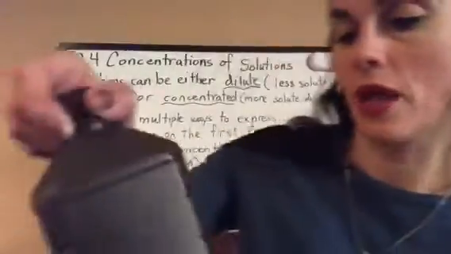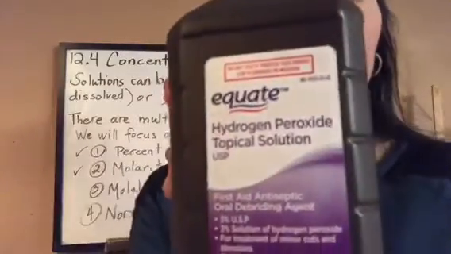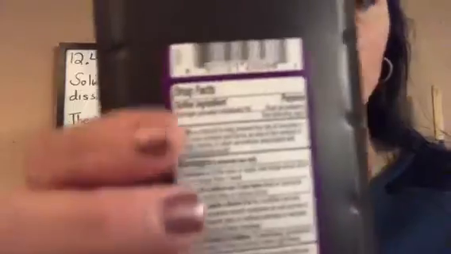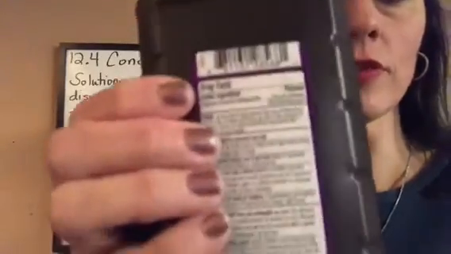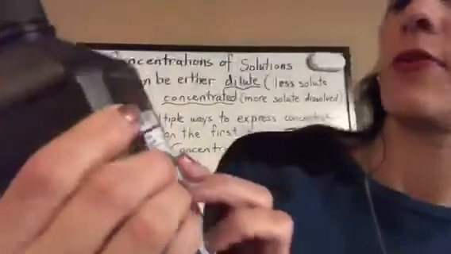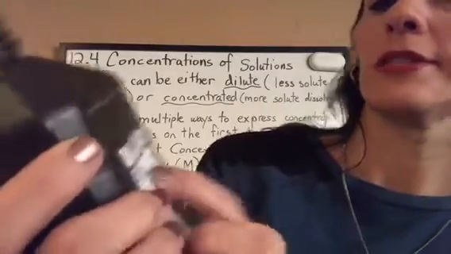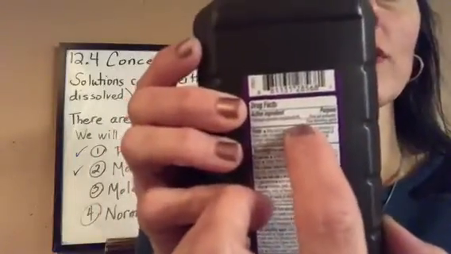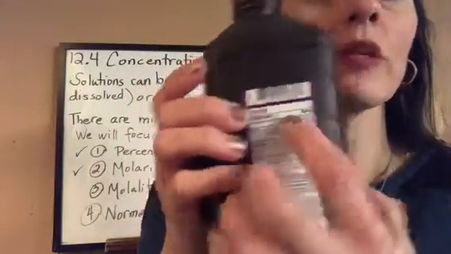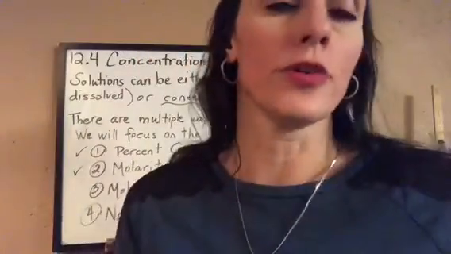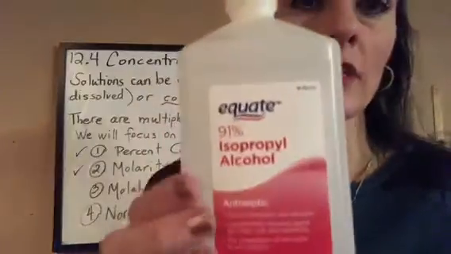Percent concentration. Hydrogen peroxide, 3% solution. See if I can get the focus a little better. It says it right there. I don't know if the focus shows, but it's a 3% solution. Isopropyl alcohol comes in a variety of percent concentrations.